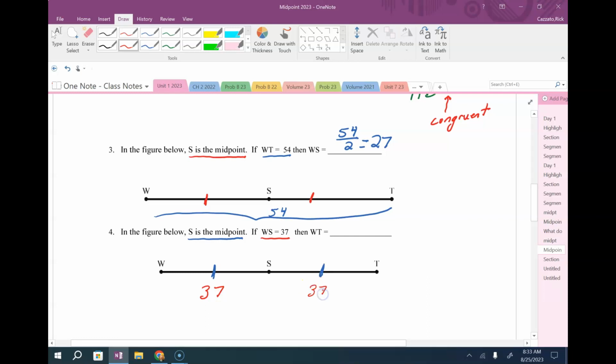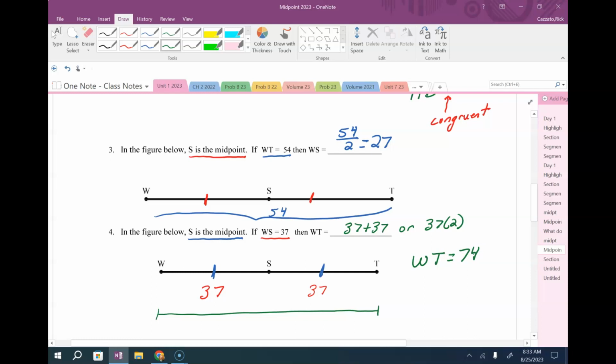So the other side is also 37. So to find the whole thing, WT, some people in class did 37 plus 37. Other people did 37 times 2. Either way, you get WT is equal to 74.